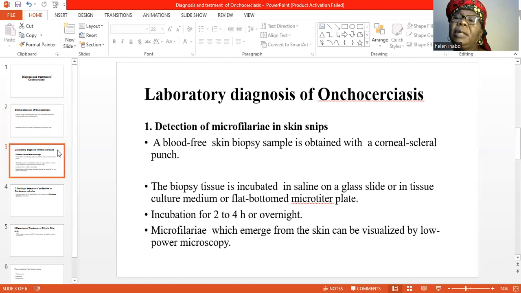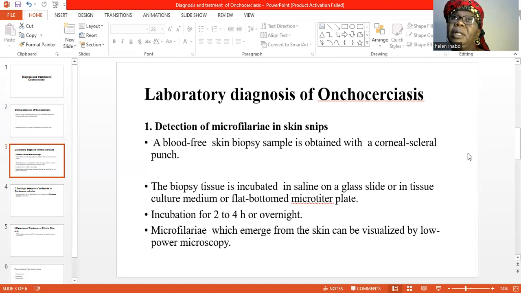Then you have the laboratory diagnosis of onchocerciasis, which is simply made by detection of microfilariae in skin snip, which is the gold standard. It means that a blood-free skin biopsy sample must be obtained using the corneoscleral punch. And this skin snip is placed in saline on a glass slide, or in tissue culture medium, or a flat bottom microtiter plate.